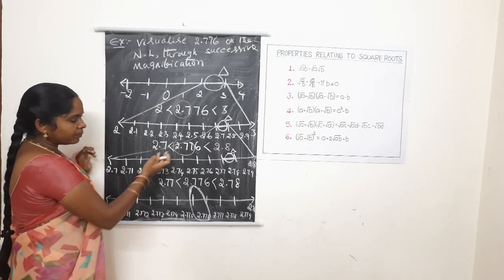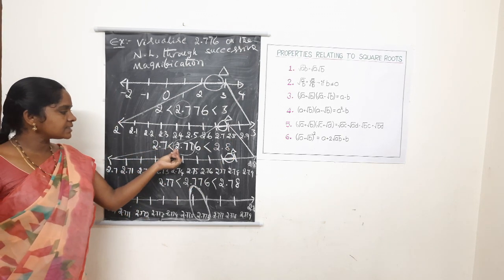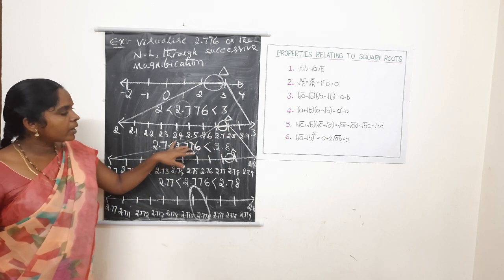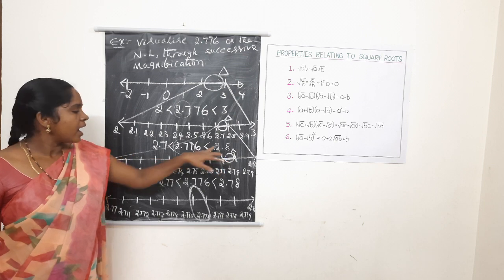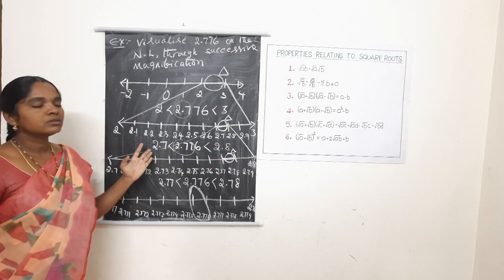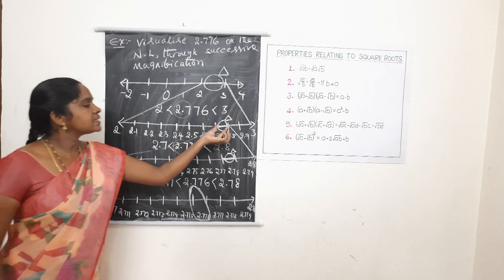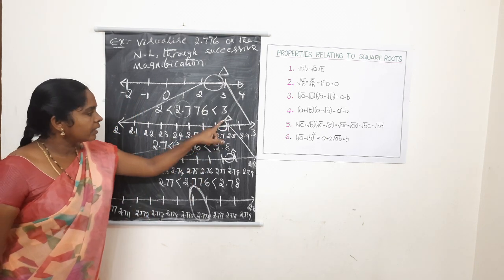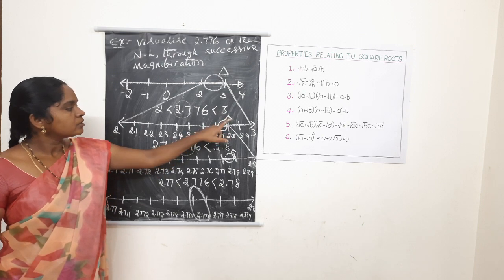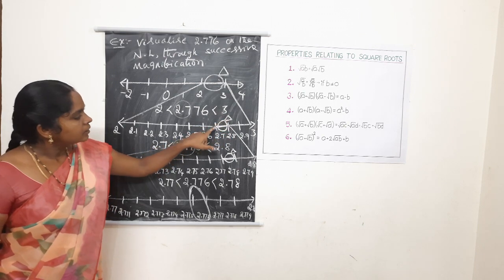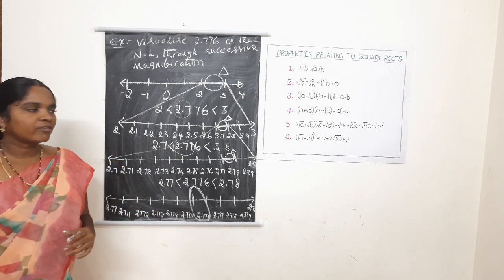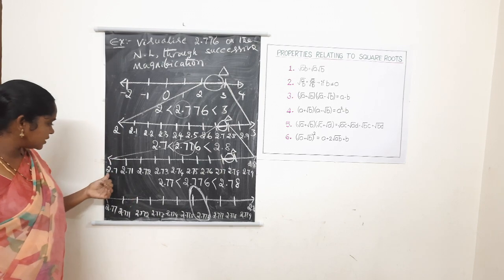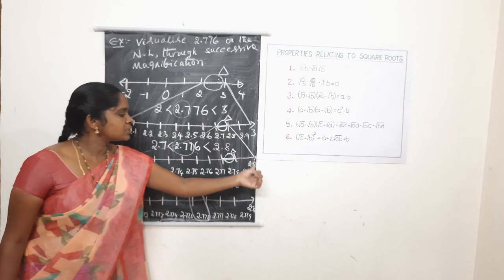It can be written as 2.7 is less than 2.776 is less than 2.8. So this number is smaller than 2.8 and greater than 2.7. This is the smaller portion and this is the magnifying mirror. This smaller portion can be divided into 10 equal parts. Again take another number line, and this is 2.7 and this is 2.8.